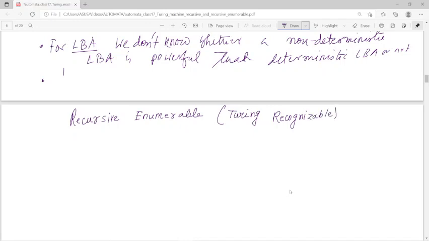Both are the same name: Turing recognizable or recursively enumerable. What do we mean by Turing recognizable? That means some Turing machine recognizes it.